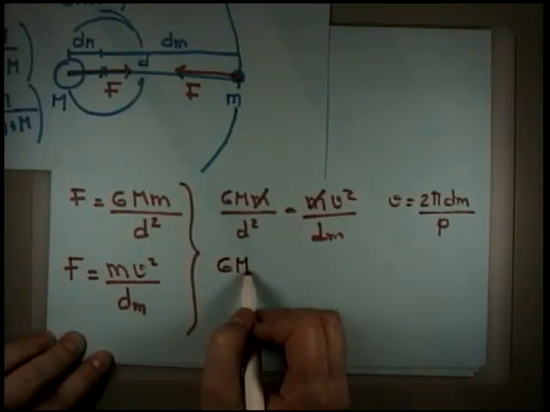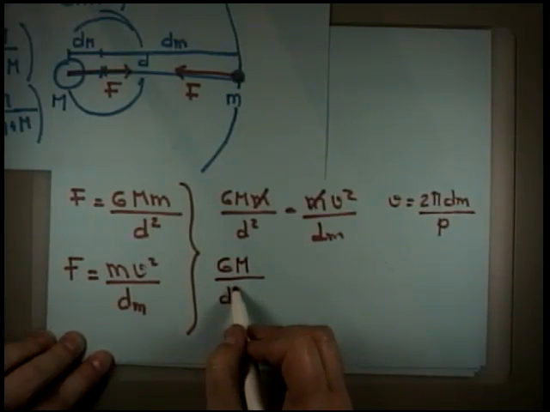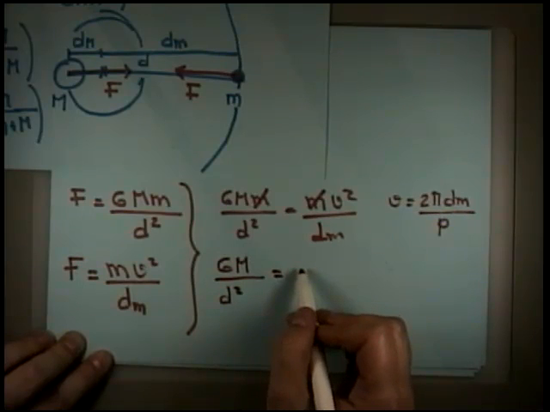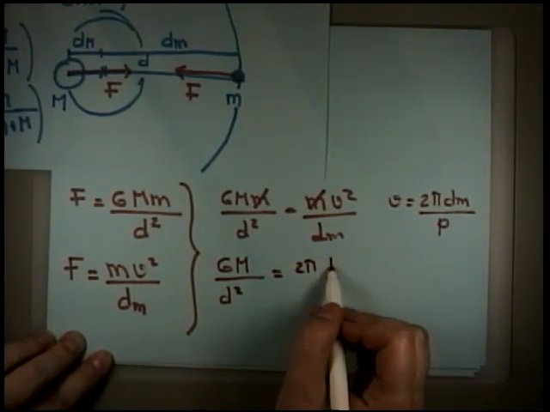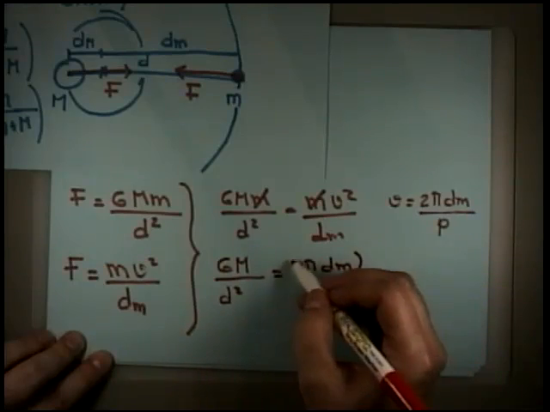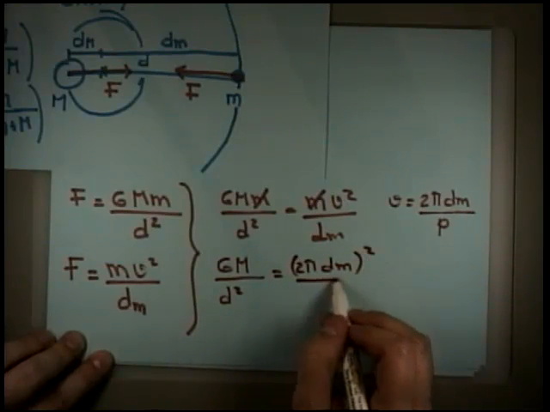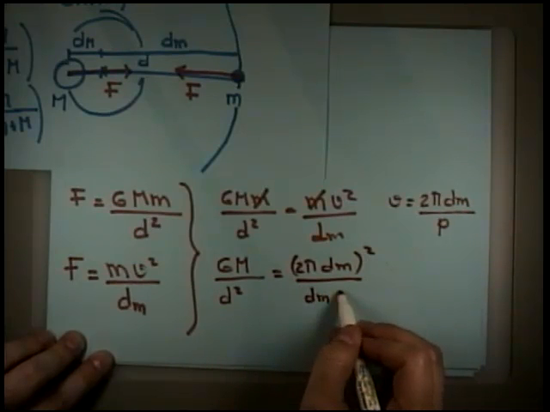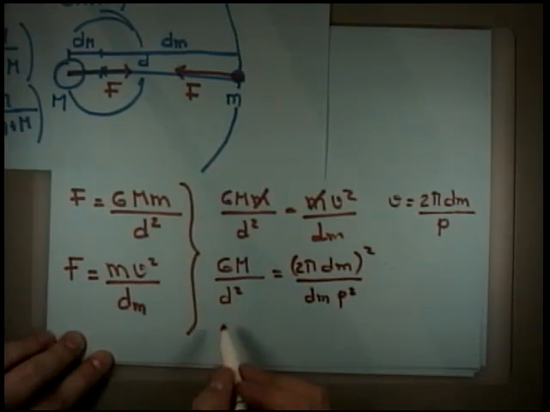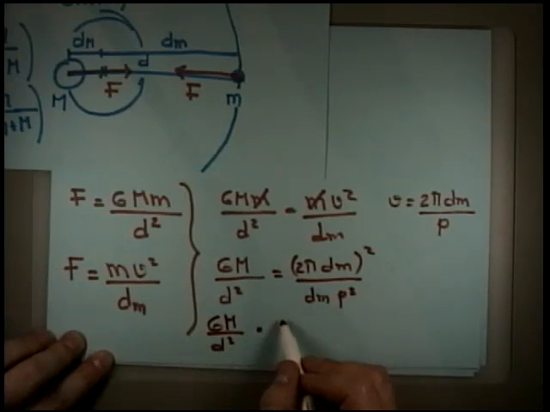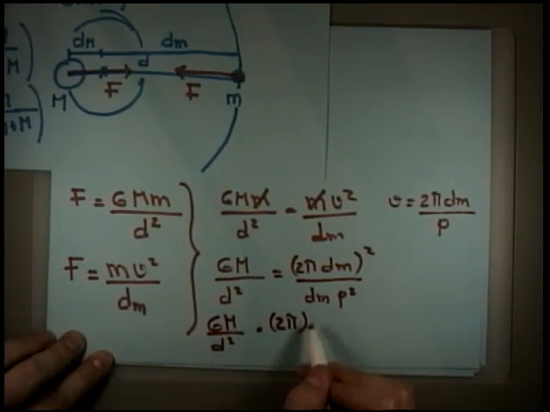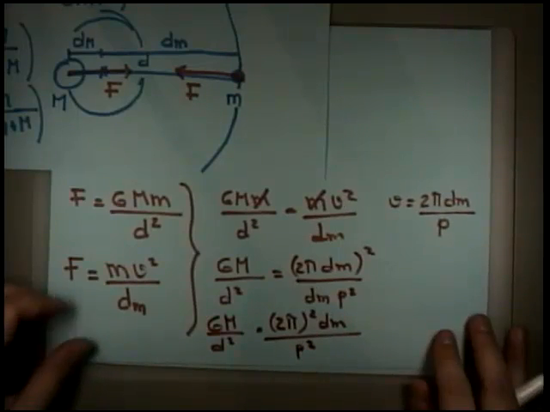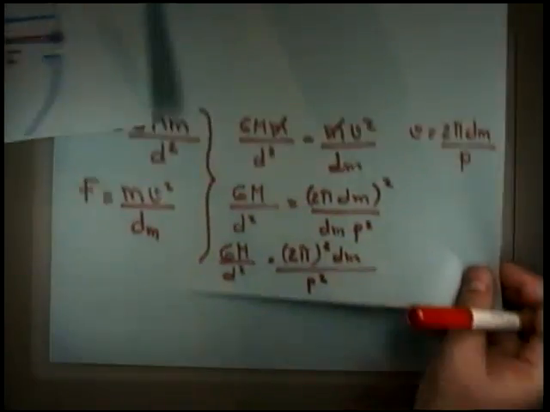So G big M over d squared equals 2 pi d little m, all of this squared, over d little m p squared. G big M over d squared equals 2 pi squared, multiplied by d little m, divided by p squared. I hope you follow that much. Now, we are almost there.